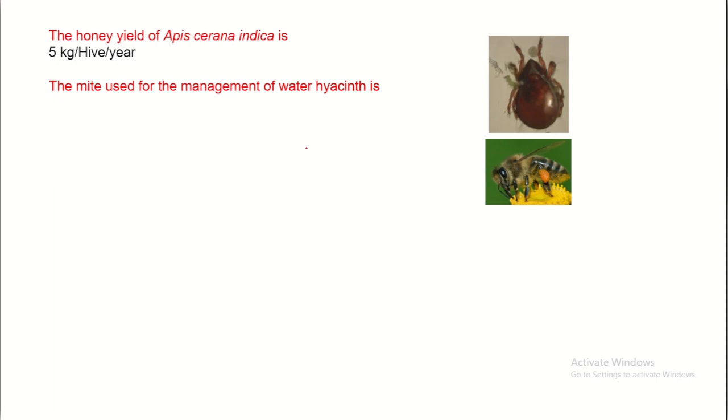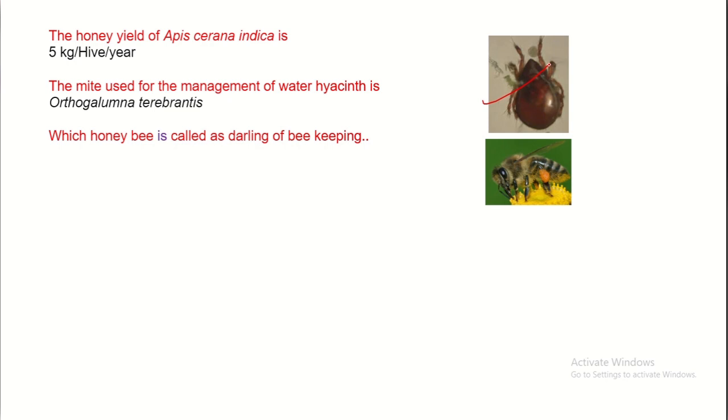The mite used for the management of water hyacinth is Orthogalumna terebrantis. Which honeybee is called the darling of beekeeping? That is Apis mellifera, Italian honeybee.